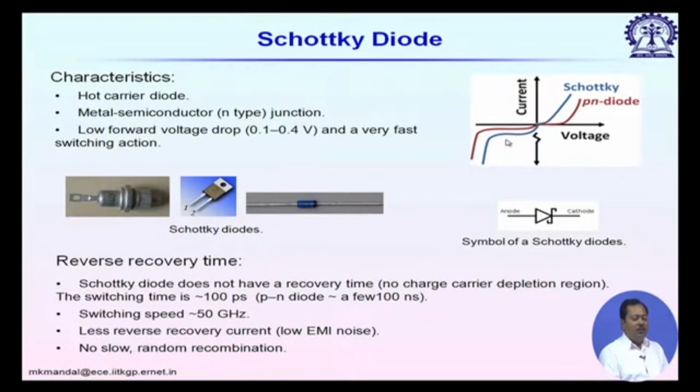So, that is why instead of using just 0.1 or 0.2 volt forward voltage drop, typically 0.3, 0.4 volt are preferred. In that case, to some extent we can decrease the reverse saturation current and increase the reverse breakdown voltage.